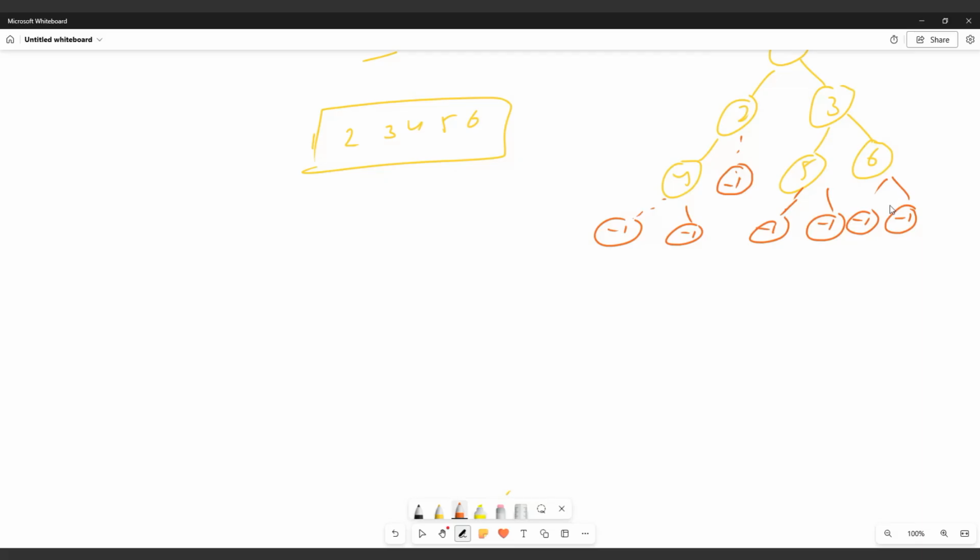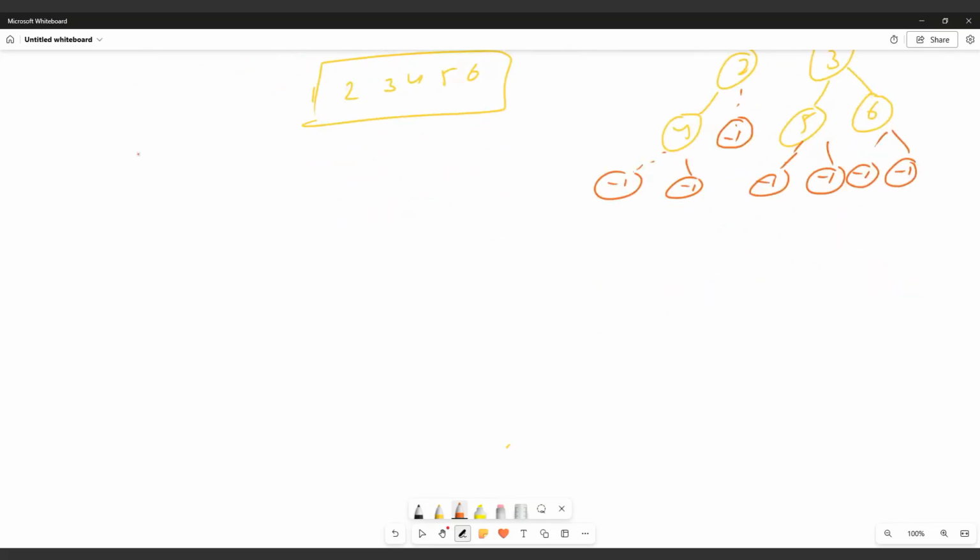Chandya, is it clear? So class, we are going to create a binary tree. Suppose I want to create such a binary tree: 1, 2, 3, 4, 5, 6, and those values which are empty, I am assuming there is minus 1.